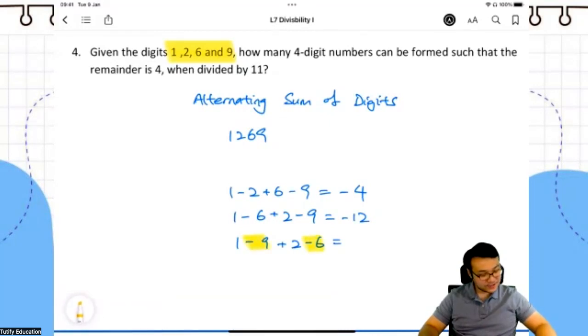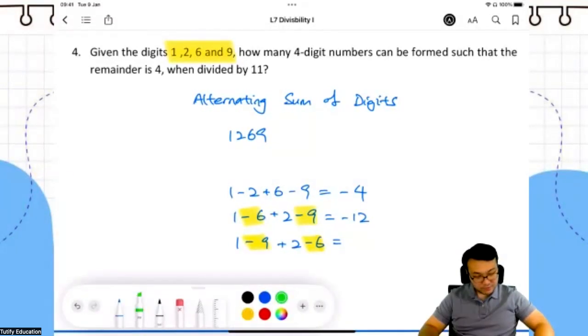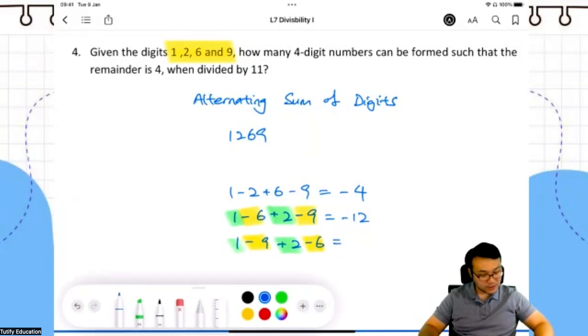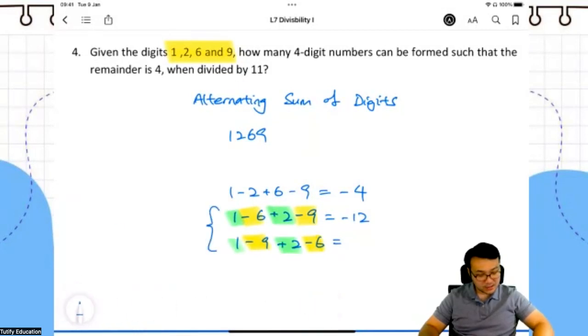Because there's a positive 2 and a negative 9 and negative 6. The negative 9 and negative 6 give you negative 15, and the positive 1 and positive 2 give you positive 3. Both of these have the same answer.